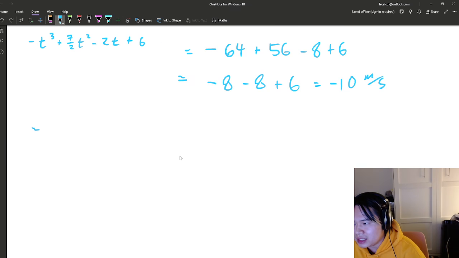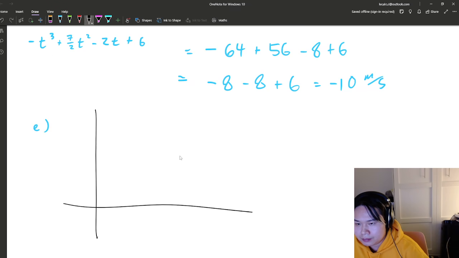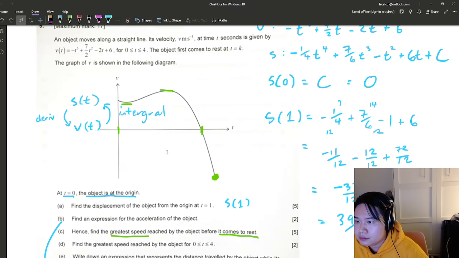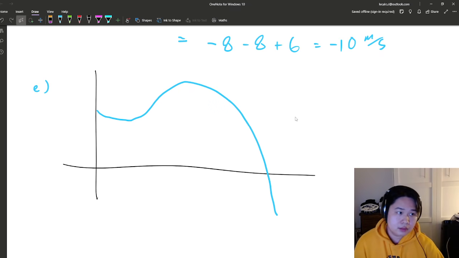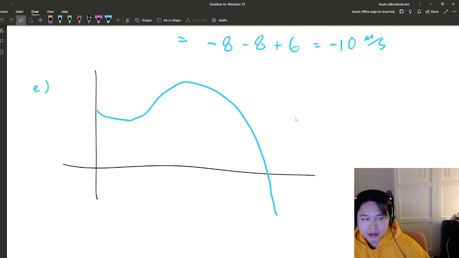Okay, this one's kind of tricky because you need to understand what it's saying. So let me just redraw the graph here. Okay, quick question. This is velocity, right? So when is your speed getting faster? Not your velocity, your speed.